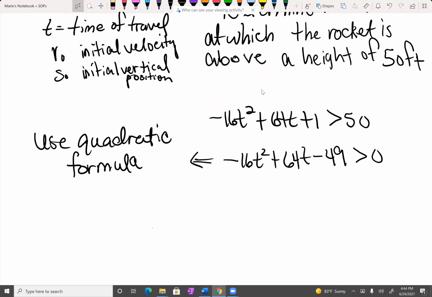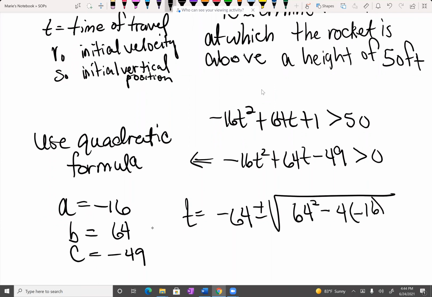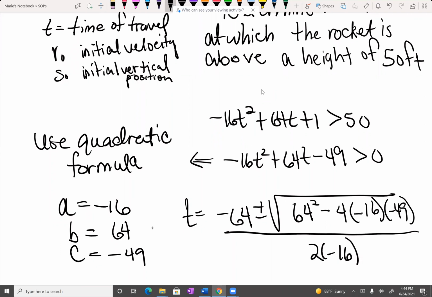Just for the math purposes, remember that a in this case is negative 16, b is going to be 64, and the c value is equal to negative 49. So if we do the quadratic method, we will get time t is equal to negative 64 plus and minus the square root of 64 squared minus 4 times negative 16 times negative 49, all of this over 2a, which will be 2 times negative 16.